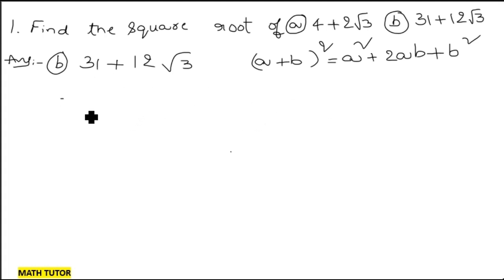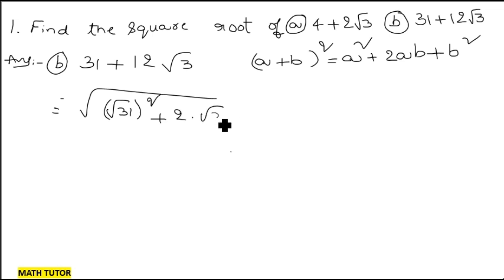I can write A square as root 31 whole square, plus 2 into AB, where A is root 31.